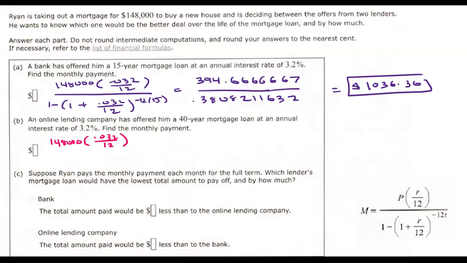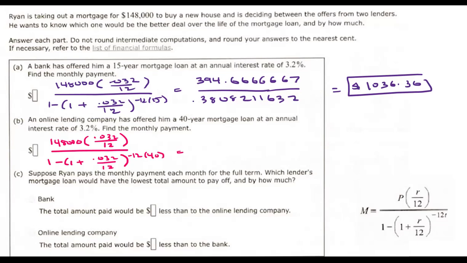Again, it's the same interest rate, right? 3.2% for both of them. And then 1 minus 1 plus 0.032 divided by 12 raised to the negative 12. And then the difference here is instead of writing 15, we'd write down 40.